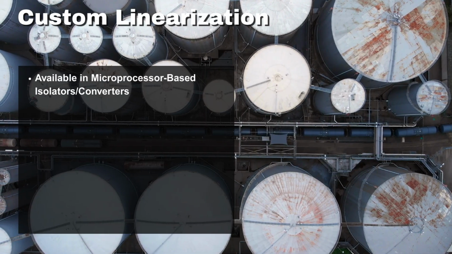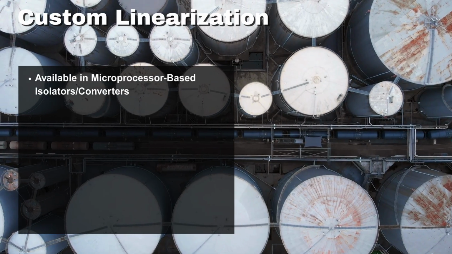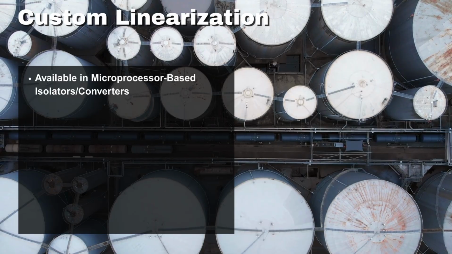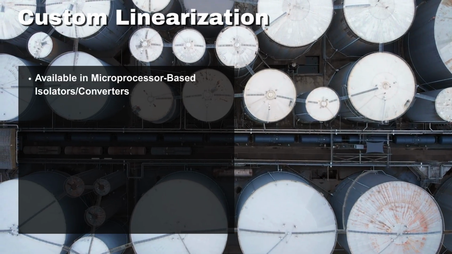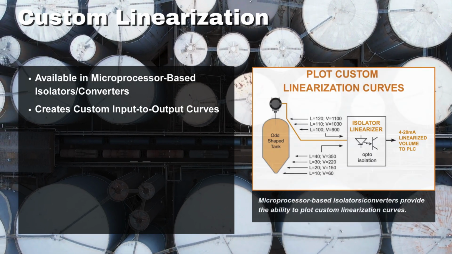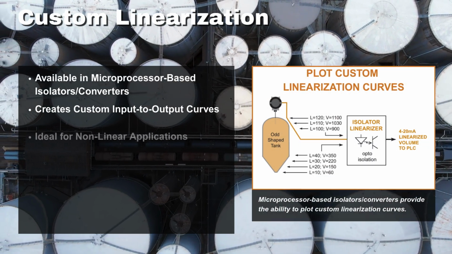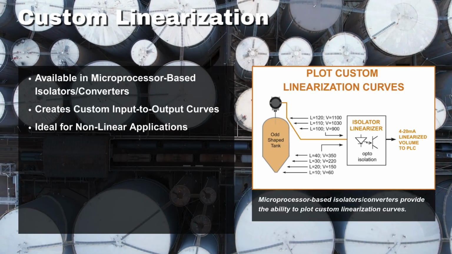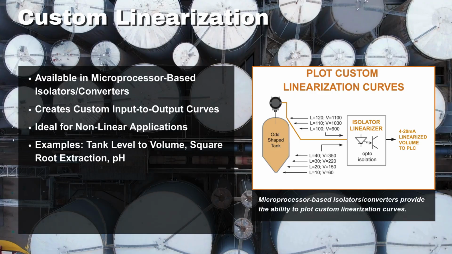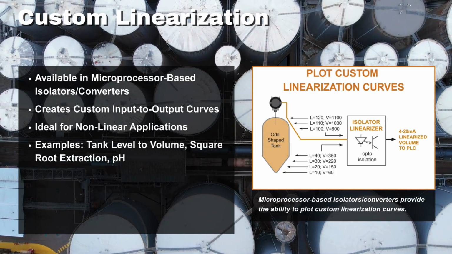Microprocessor-based isolators and converters offer capabilities that go beyond traditional analog devices, and one of the most powerful is custom linearization. Custom linearization allows you to define a specific input-to-output relationship by plotting a custom curve inside the instrument. This is especially useful for non-linear processes, like converting tank level into actual volume, performing square root extraction, or characterizing pH or valve behavior.